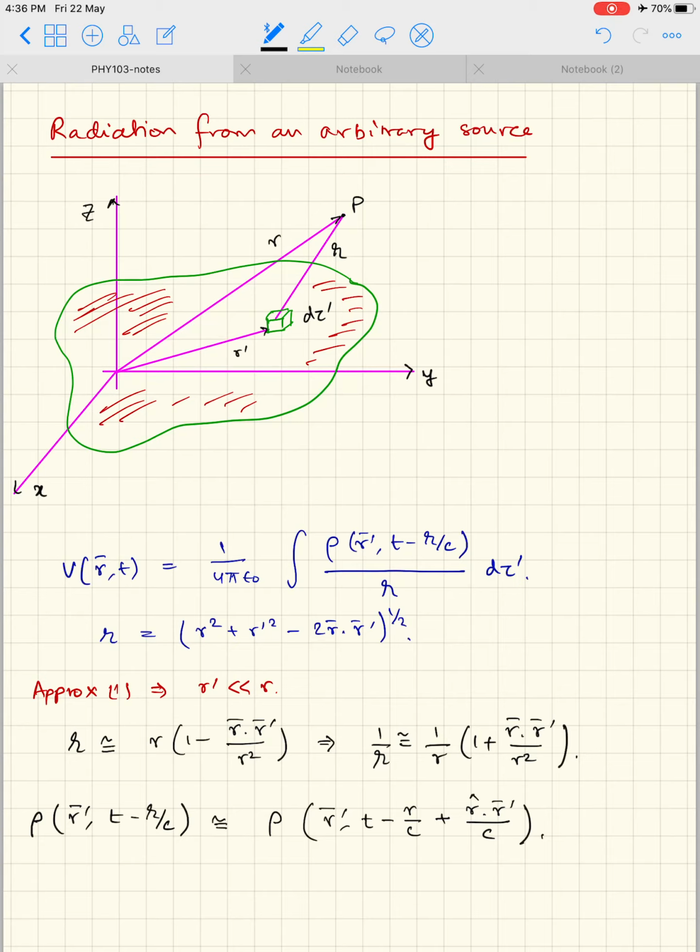Now what we want to do is expand this. So we are going to expand in a Taylor series in t about the retarded time.